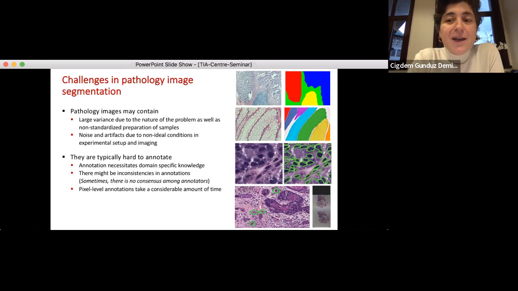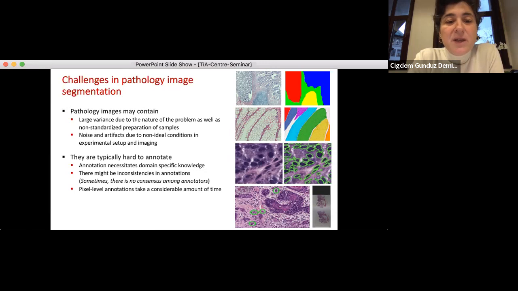So in order to design an accurate neural network, an accurate deep learning model, we need large annotated data sets. However, as you all know, it is very hard to get the annotations. First of all, annotation necessitates domain-specific knowledge. Second, we may have some inconsistencies in the annotations.